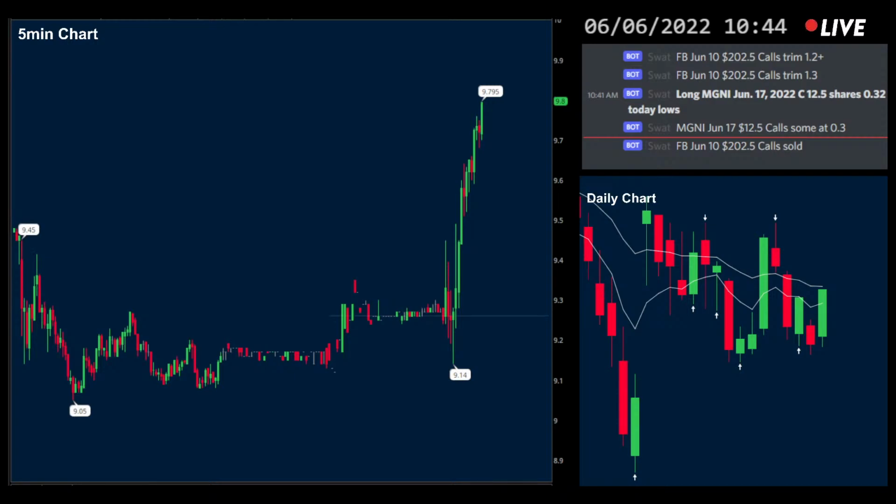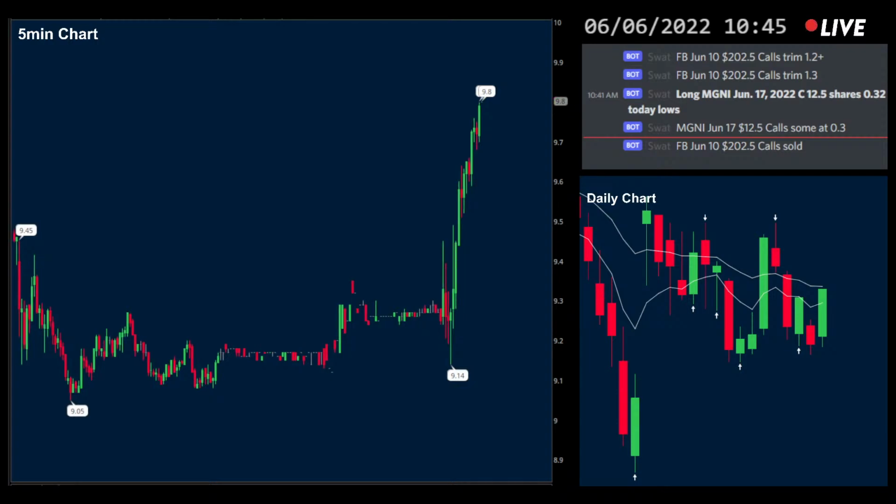Well then. Well done on Robinhood. Yeah, but the market is very slow now.